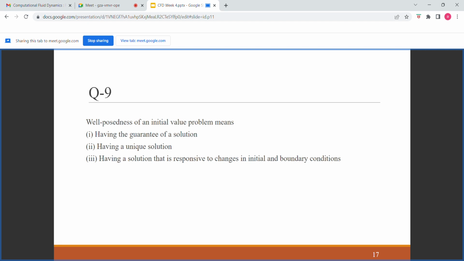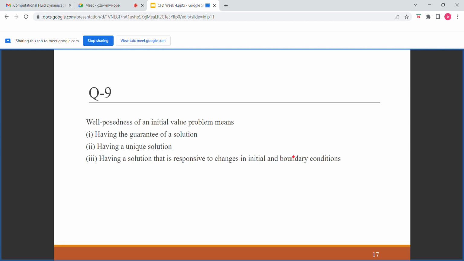So these are all the things that we expect from the mathematical problem. That is what well-posedness means. Well-posedness of an initial value problem means having the guarantee of a solution. This is true. Having a unique solution. This is also true. Having a solution that is responsive to changes in the initial and the boundary conditions.